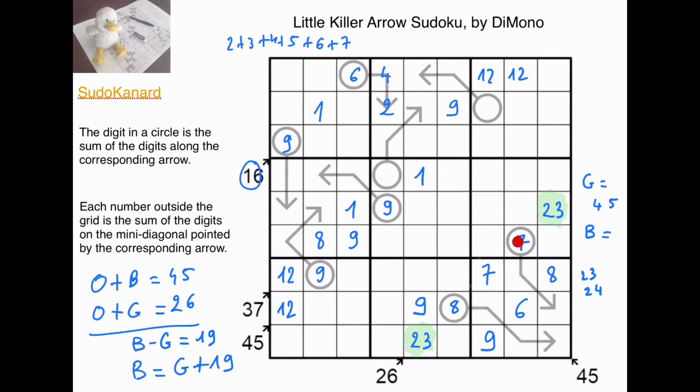So now this is 22, and we get 2's on the outskirts. And this has multiple combinations, I think.